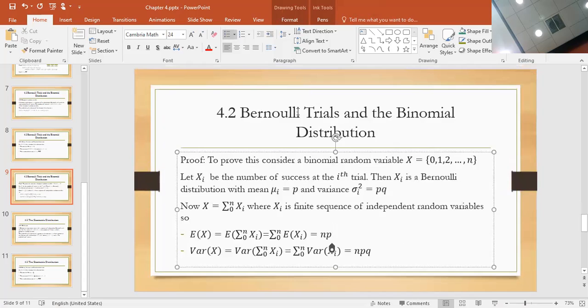The same proof is here. This is just the application of the properties of expectation and variance.